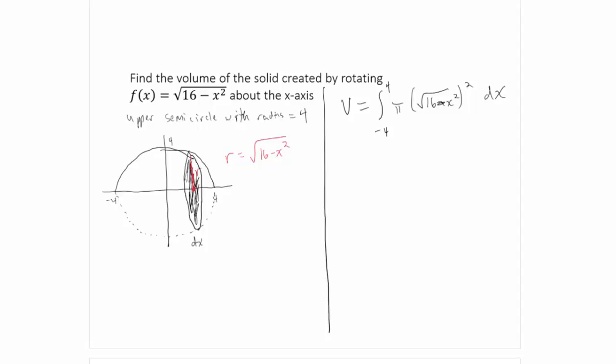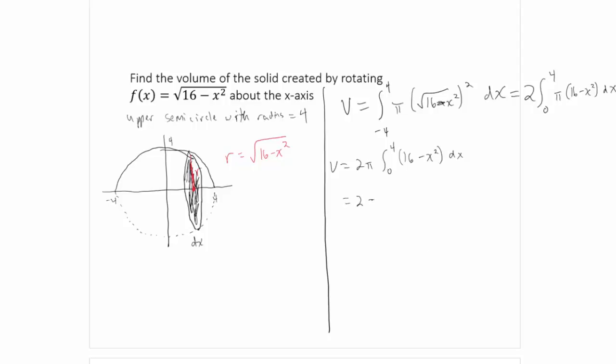And so if we remember some of our rules for integrals, I can rewrite this as twice the integral from 0 to 4 of pi times, and I can simplify this, the square root of 16 minus x squared squared would just be 16 minus x squared dx. I can bring the pi outside. So now I have 2 pi integral 0 to 4 of 16 minus x squared dx.